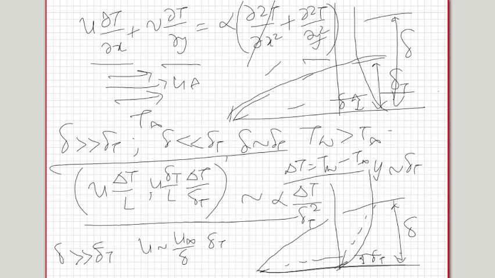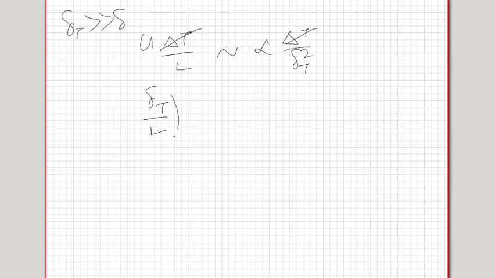So basically what you will end up getting then is u into delta T by L is of the order of alpha times delta T by delta T square. Okay, so the delta T would get cancelled, and I'll get delta T by L the whole square is of the order of alpha by u. This is u infinity, so u infinity L.